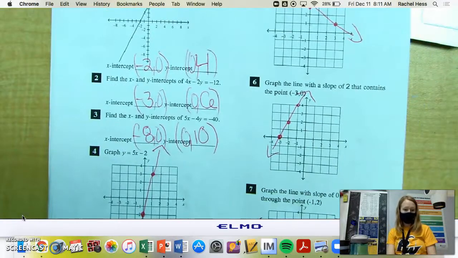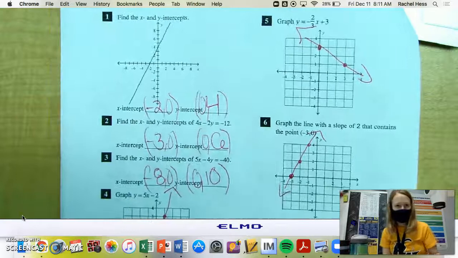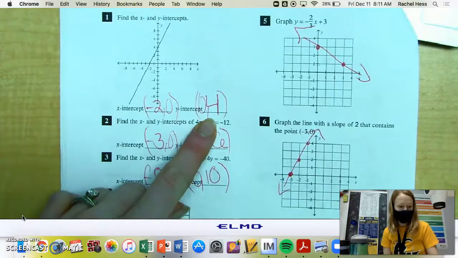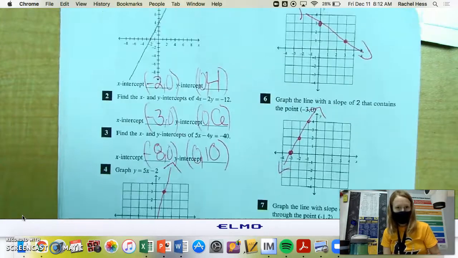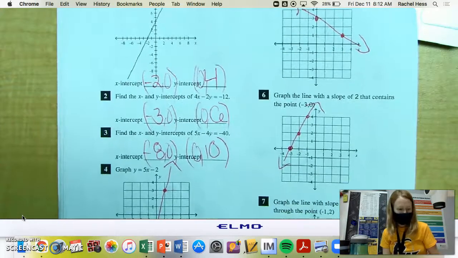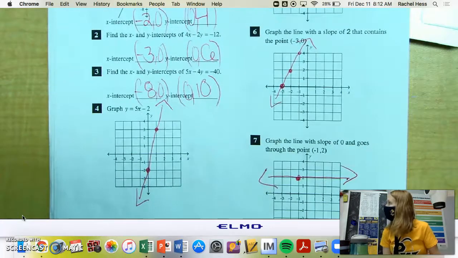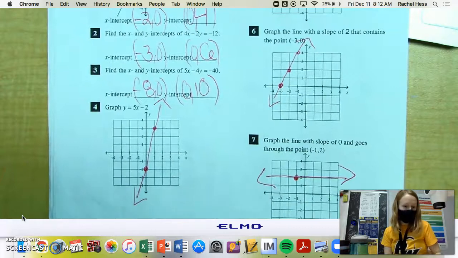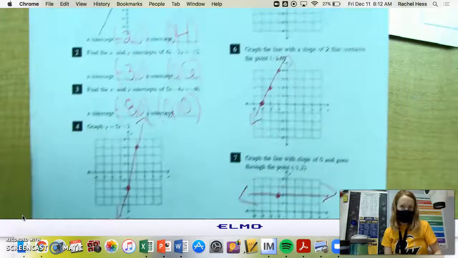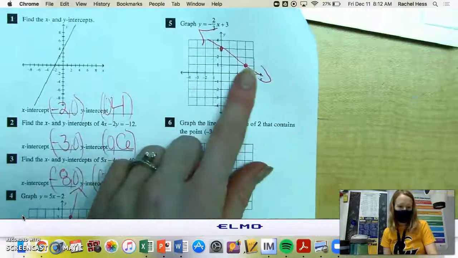And then the next couple pages, I think we did numbers 1, 2. 1, 3. So finding the x and y intercepts written as coordinates, right? 1 and then 3. And then number 5, remember you plot your y-intercept and then you use your slope to move.